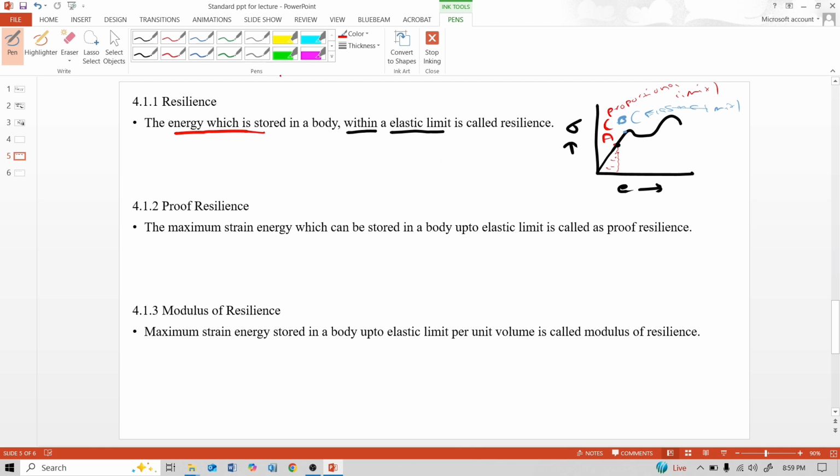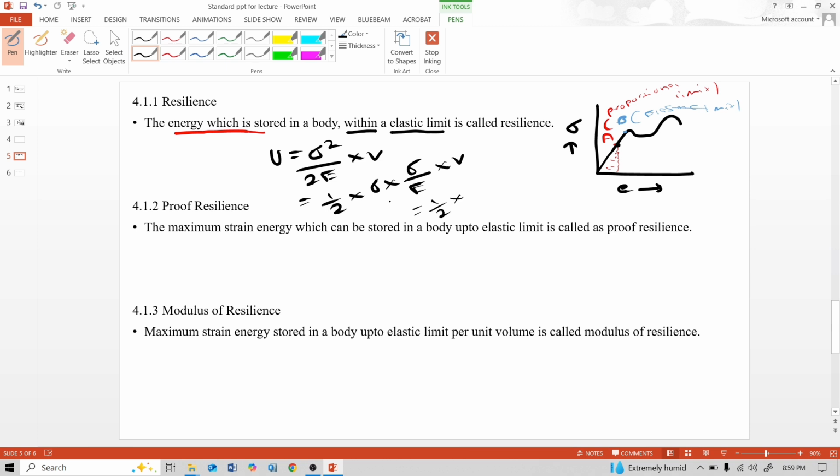And we see this strain energy U is equal to sigma square upon 2E into volume. Let's mathematically resolve this formula.